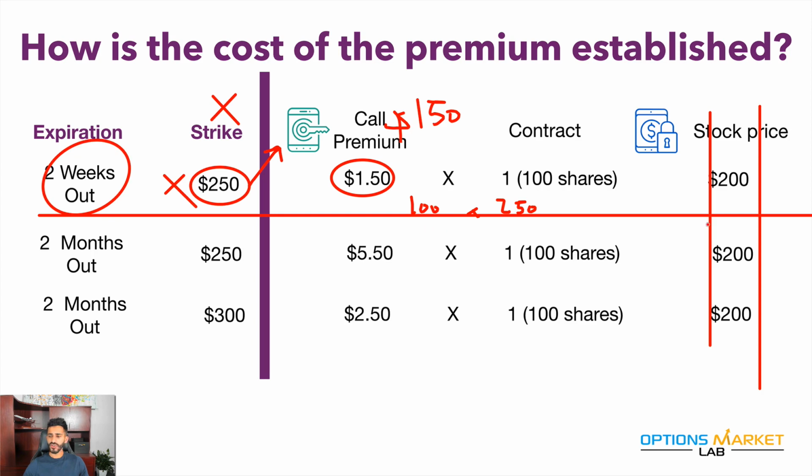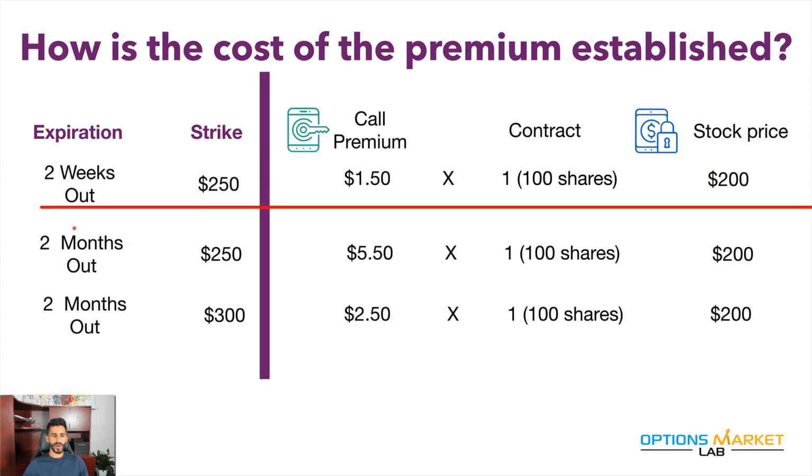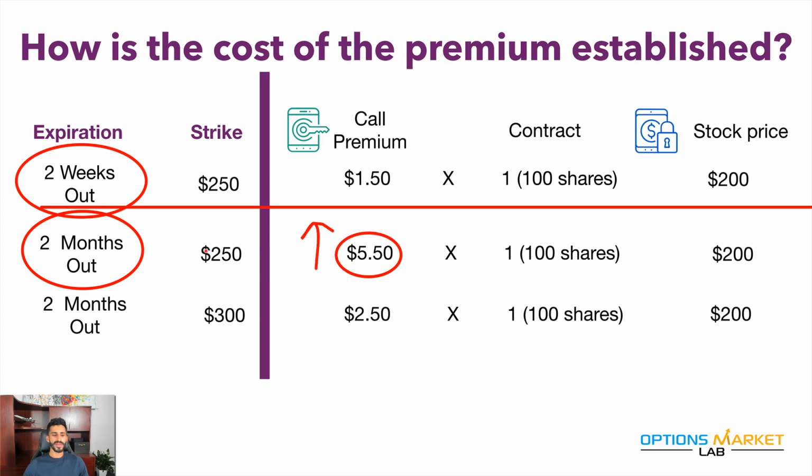Now, if I do the same exact thing in another scenario, where instead of 2 weeks, I want to control it for 2 months, my premium gets much higher because I have a lot more time. The only difference between scenario A and scenario B is that in scenario A, I only have 2 weeks.